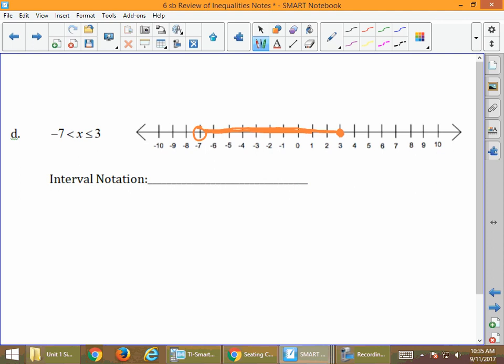Again, these are compound inequalities. There's more than one of them. But when we fill this interval notation, again, go in numerical order. Smallest value first, biggest value second. The smallest value has an open circle. That means parentheses. The biggest value has a filled in circle. That means a square bracket.